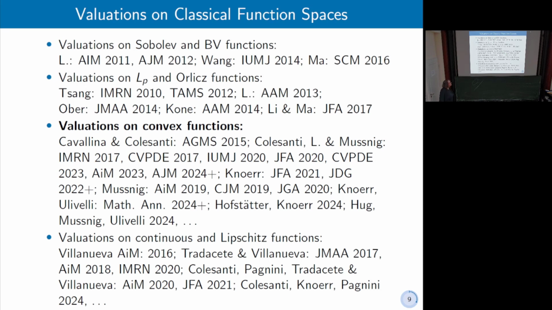So I started to look at valuations on Sobolev spaces and, with some of my students, on L^p spaces, and Andrea started to look at this maybe independently for spaces of convex functions, and later we joined forces, and the next couple of results I want to describe are our joint work with Andrea Colesanti and Fabian Mussnig. But there are also results on valuations on, for example, continuous and Lipschitz functions. This is a group in Spain, Villanueva and Tradacete, and also many people that are somehow connected to Vienna.